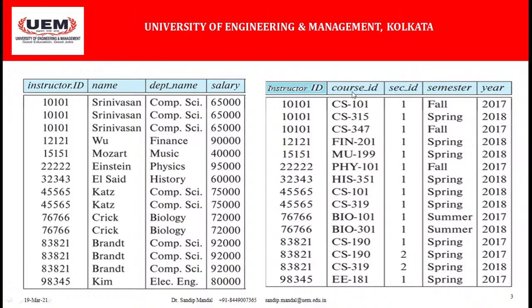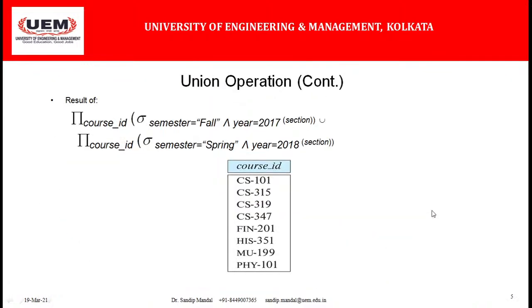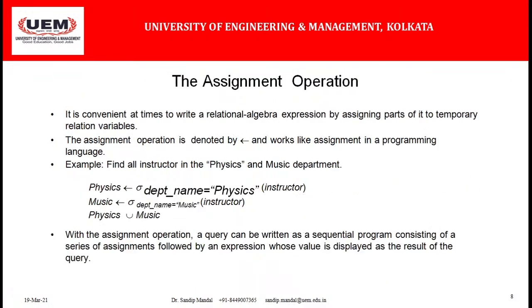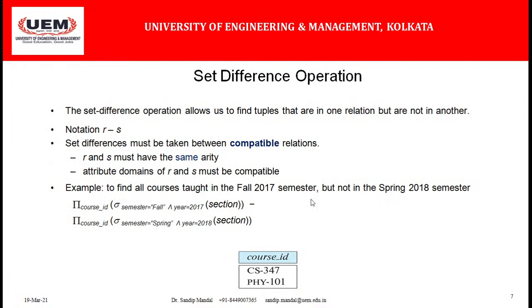Meaning first you find all the courses from the first table, then you find the common values with the next table and discard these values. I hope you understand my point. First you find all the courses from the fall 2017 semester, then find the same values from the spring 2018 semester. If they match, discard them, and check only the differences. That is the set difference.